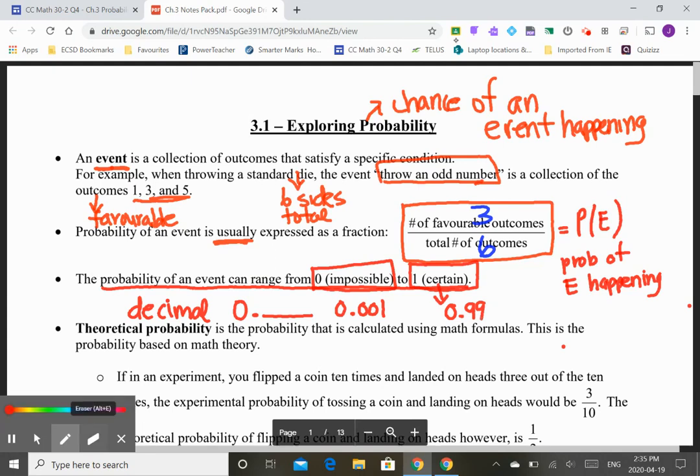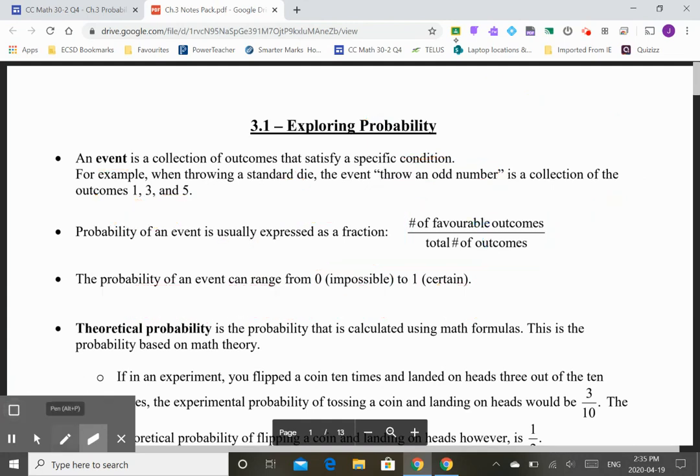Now, I just want to say that sometimes we are also asked to find the probability as a percentage, and sometimes probability is given as a percentage. So just keep in mind that if our probability was 0%, that means it's impossible.